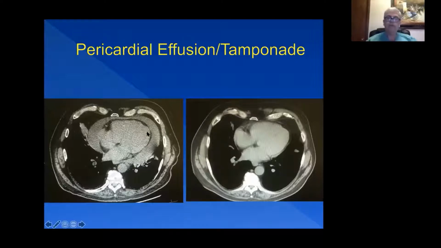This is a CT scan of a patient with a normal heart, and you can see this is the pericardium around the heart. This is the sternum, and this is the back here. And you can see here an amount of fluid. This is pericardial effusion and or tamponade. When you have a large pericardial effusion, you can cause tamponade depending on the volume of the pericardial fluid.